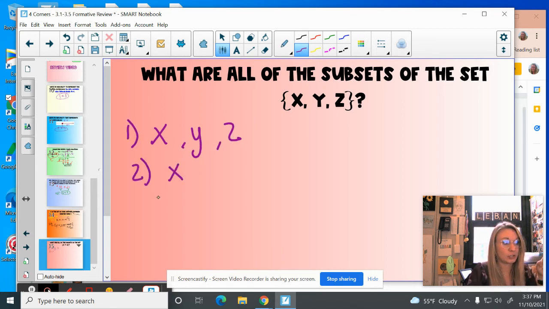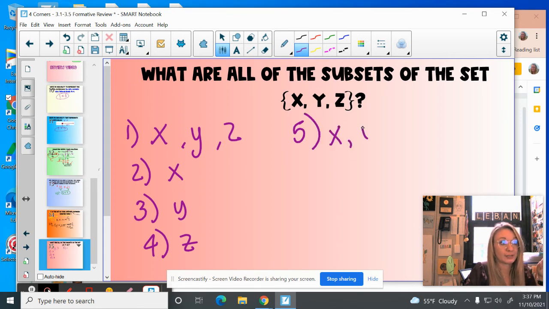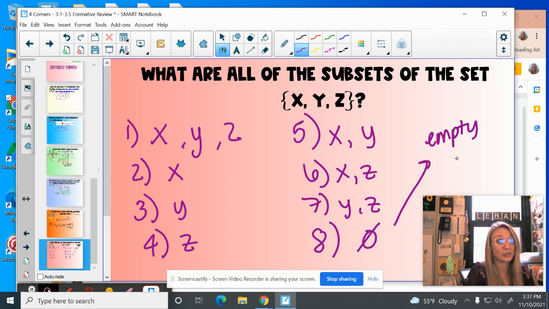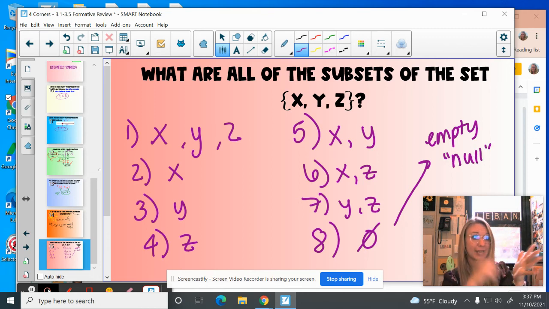Then we can list out each individual element, X, Y, Z. Then we can do different combinations. So like X and Y, X and Z, Y and Z. And then your very last one is an empty set. So remember, that's empty set, or we also call that null. So within that little set of just X, Y, and Z, there are 8 different subsets that we can get together.